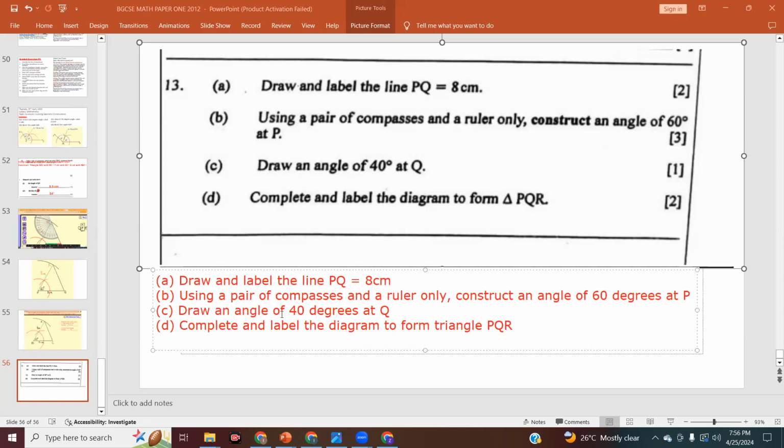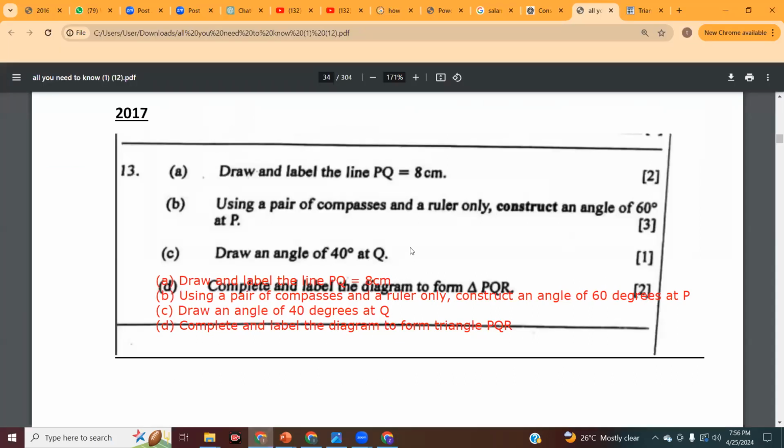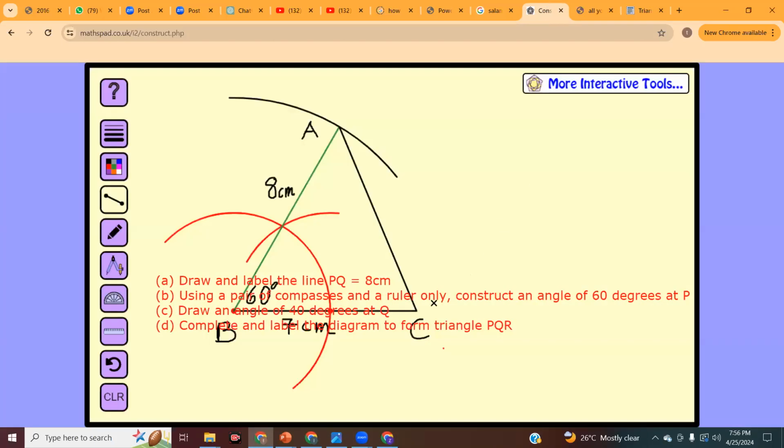Interesting. Okay, we have to quickly do this. So let's go ahead and I'm gonna put this on top. So let's quickly do this.